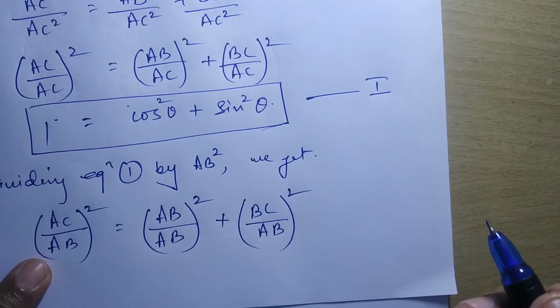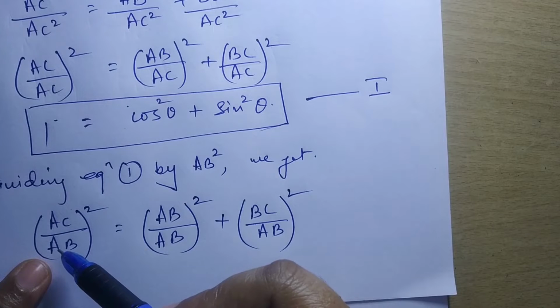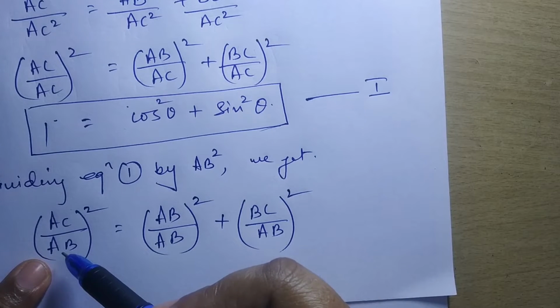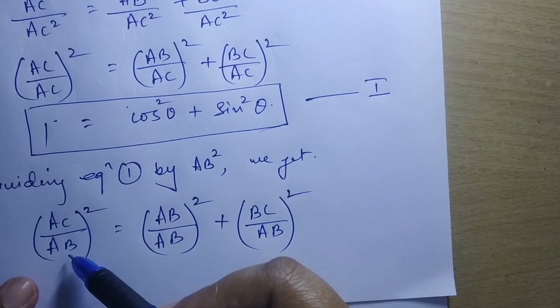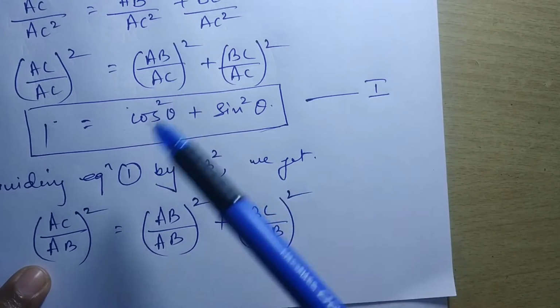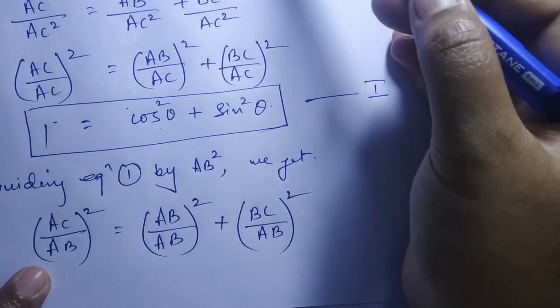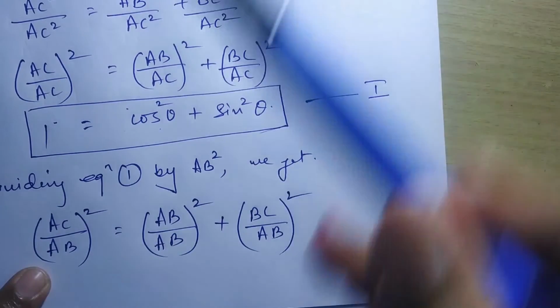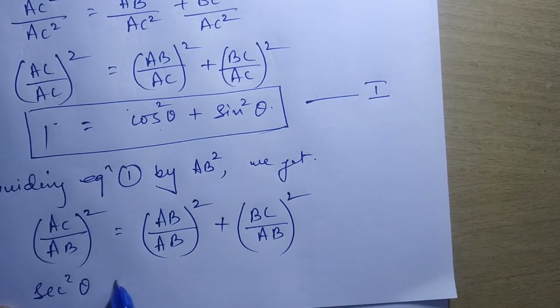Okay. What is now AC by AB? What was AB by AC? It was cos theta. So AC by AB will be sec theta. So this is sec square theta.